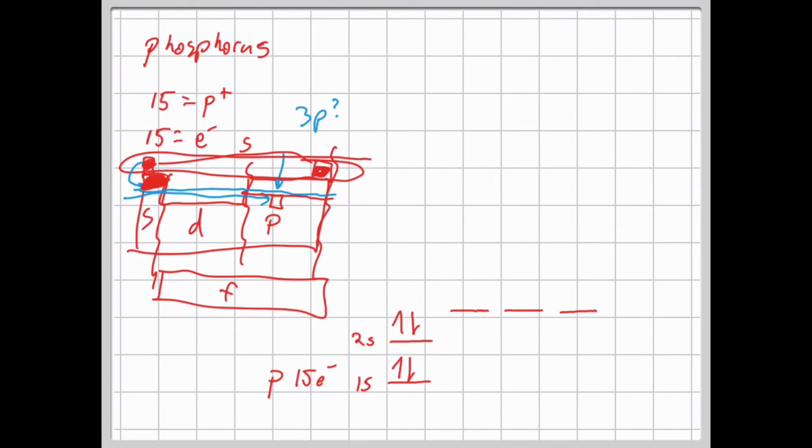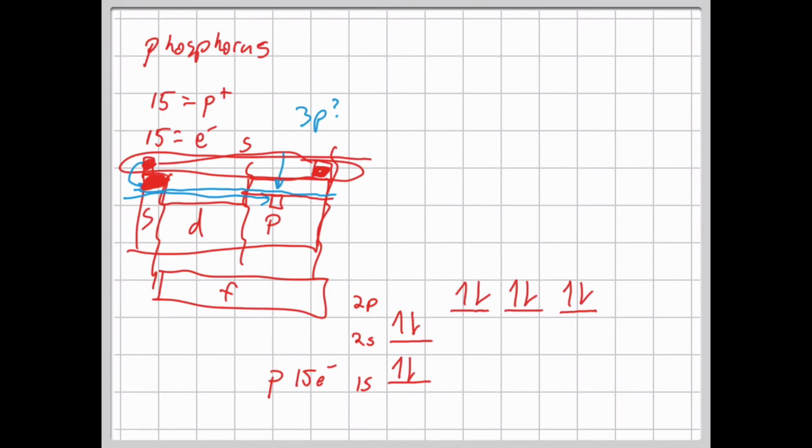But we also need to remember that we can only put 1 electron in each orbital before we add 2 electrons to any of those orbitals that are all the same energy. So here we would draw an up arrow, another up arrow, and then we'd come back and fill in down arrows. Counting this out, we've got 1, 2, 3, 4, 5, 6, 7, 8, 9, 10. We've used 10 electrons at this point, and this would be the 2p energy level.